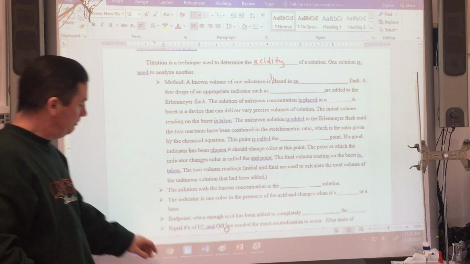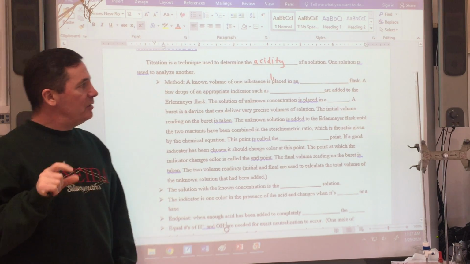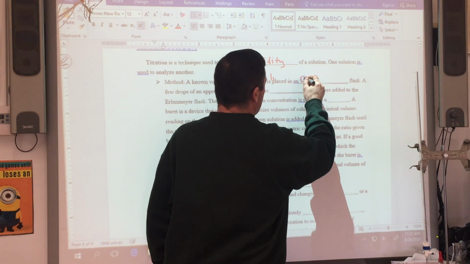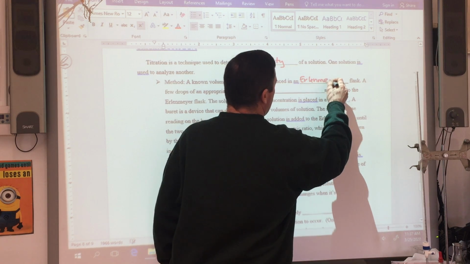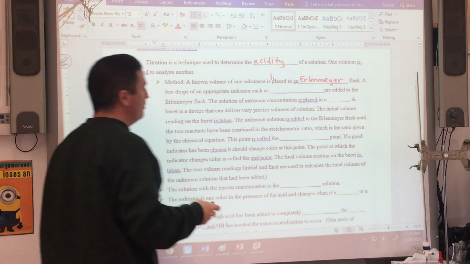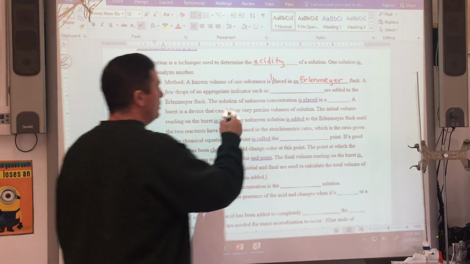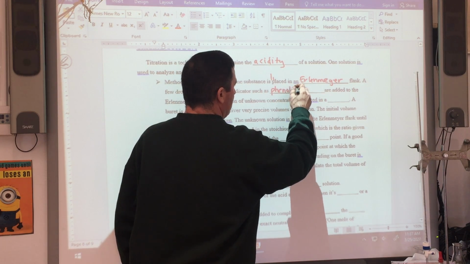So essentially, what you're going to do is you have a known volume of a certain substance, and it's placed in an Erlenmeyer flask. Then you add to it a few drops of indicator, such as phenolphthalein.